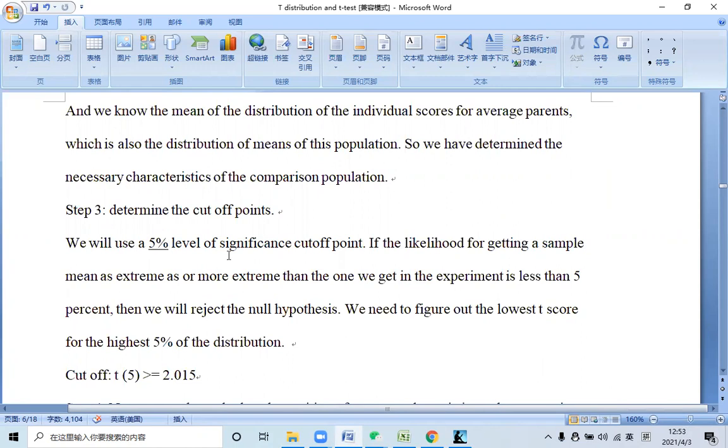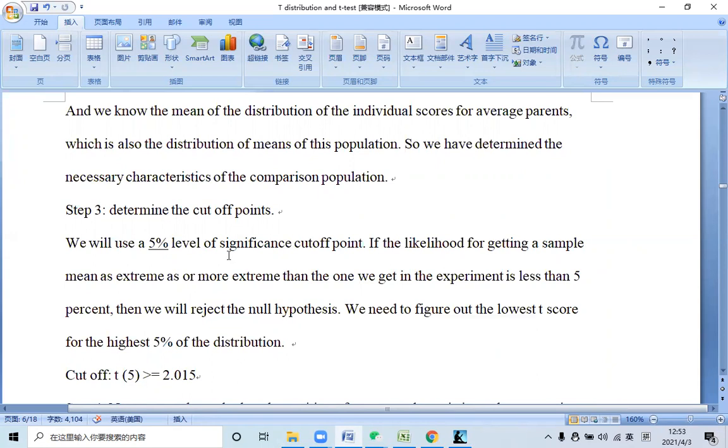This means that we want to show that the difference between the sample average, that is 3 hours, and the population average, that is 2 hours, is unlikely to occur if there's no difference between the two populations.